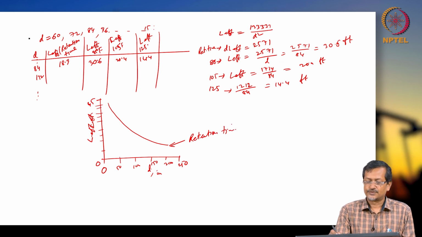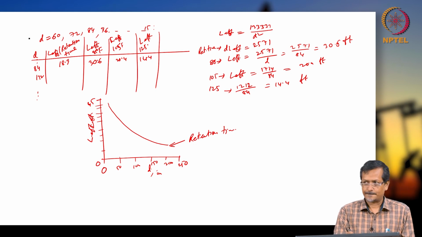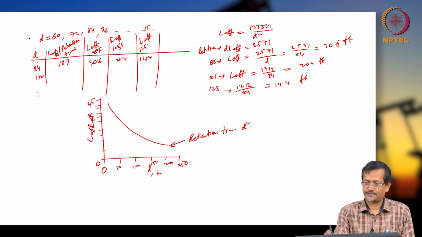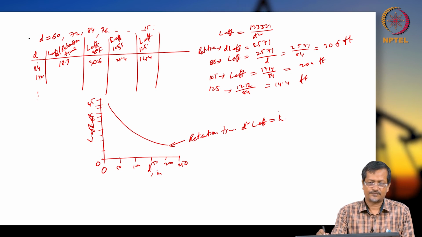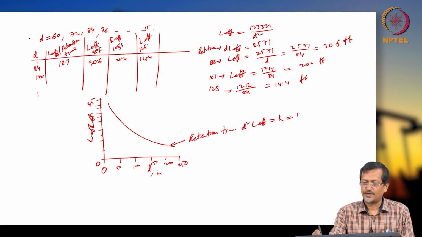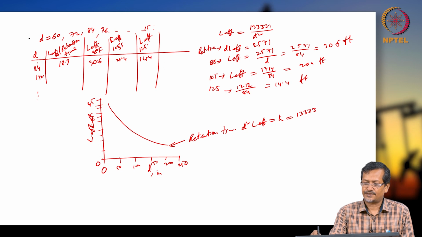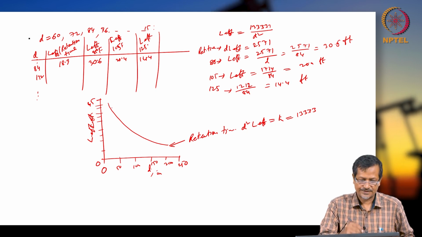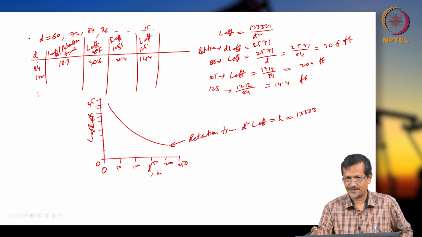So retention time curve first you draw, from D square LEFF equals some value, like here in this case you are having 13333, right? So you got this curve, this is exponential curve, right?